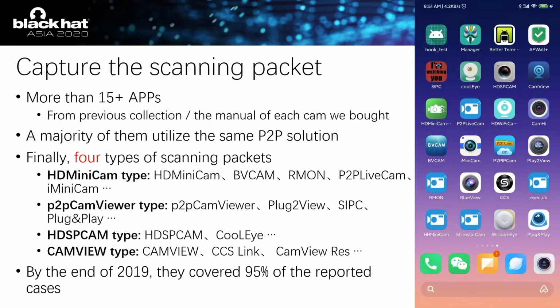In fact, many of them use the same P2P solution, so the packets they send are the same. Finally, we found that these apps use 4 kinds of scanning packets. By the end of 2019, we could cover 95% of the reported news.